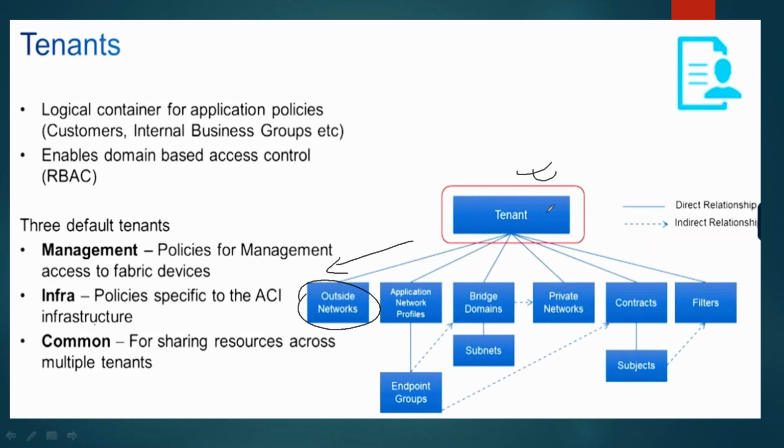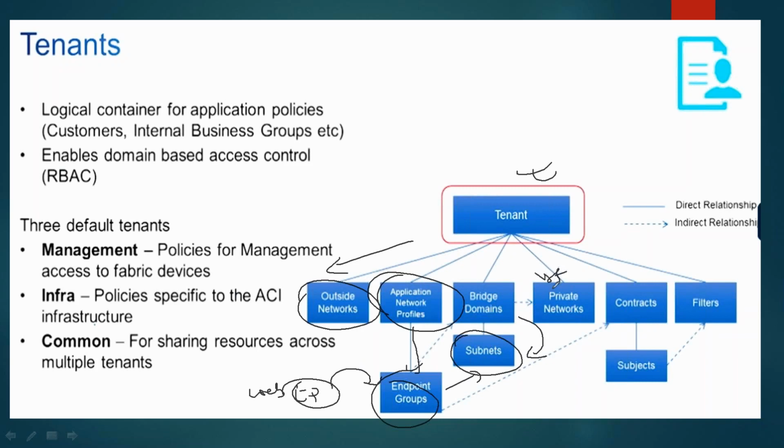Here in the diagram, you can see that something is coming from outside. So inside the logical entity, I have application profile. Inside that, I can define endpoint groups. Remember, endpoint groups are nothing but common tasks. So common endpoint related tasks, for example web, app, DB, can be grouped inside an endpoint group. Bridge domains, from where you are getting the gateways or the subnets or the IPs. So the gateways are defined here in the bridge domain.